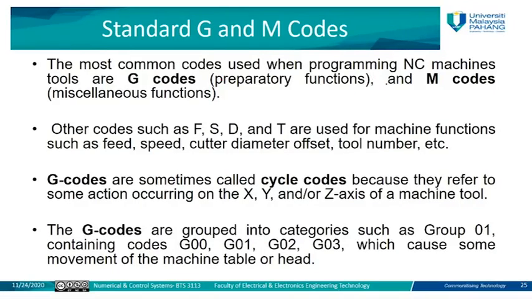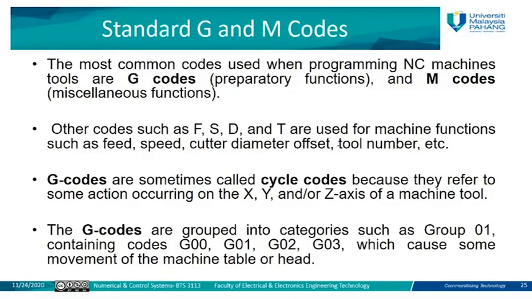The same goes for M. Other letters are only used for specific tasks. But G, for example, can be used to define multiple tasks, depending on the number which comes after G: G00, G01, G02, and so on, and M00, M01, M05, and so on.